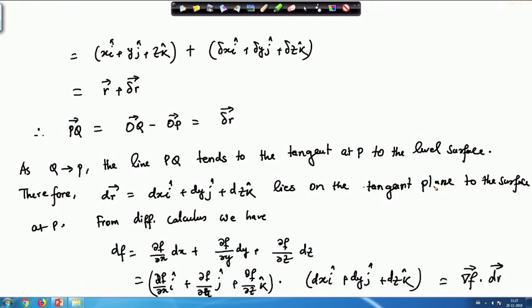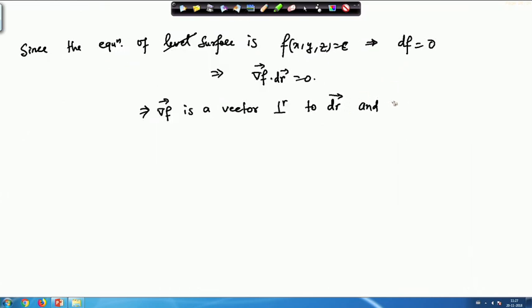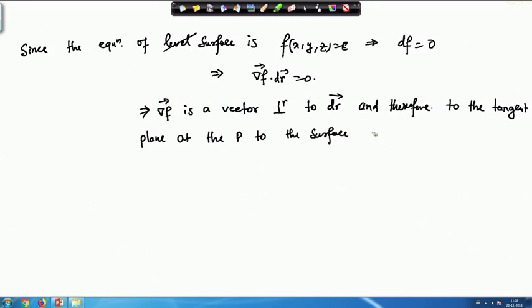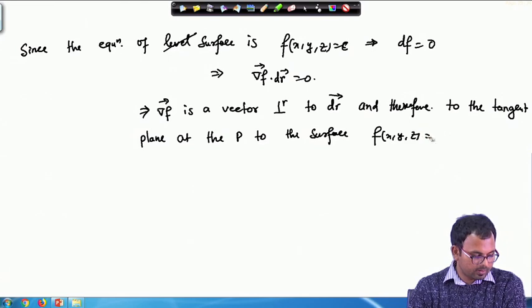So the gradient of f is perpendicular to dr, but since dr lies on the tangent plane, the gradient of f must be perpendicular to the tangent plane at the point P to the surface f(x, y, z) equals c.